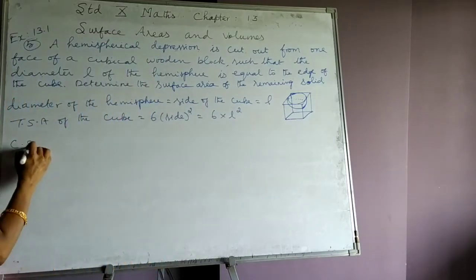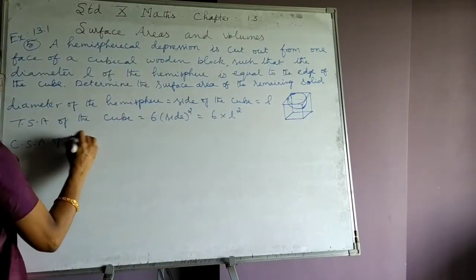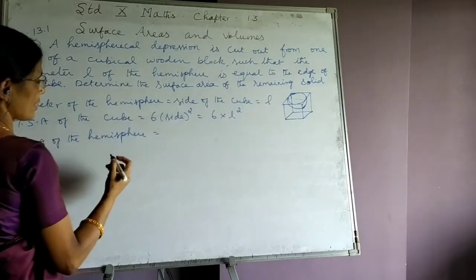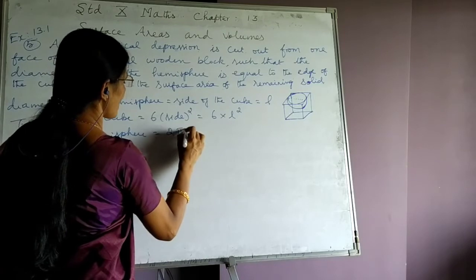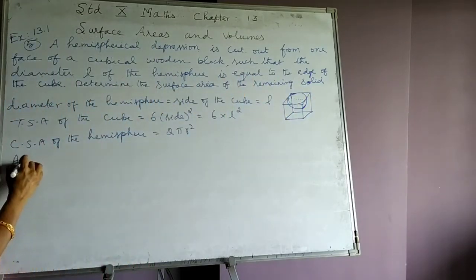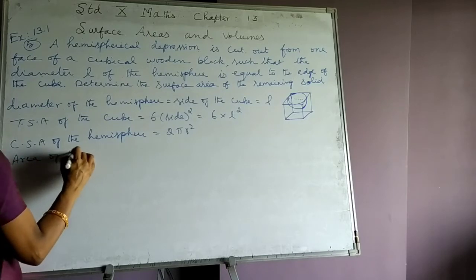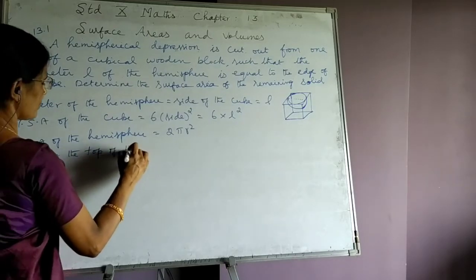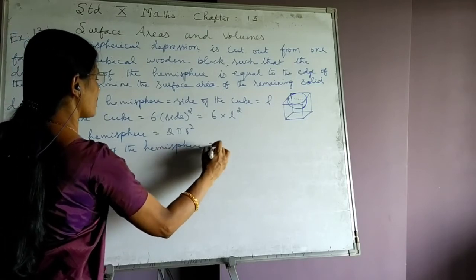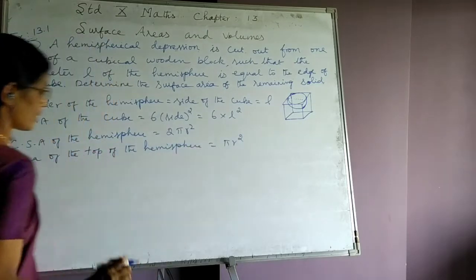And then CSA of the hemisphere. CSA of the hemisphere is 2 pi r square. That portion also we can see. And then the area of the top of the hemisphere, that is pi r square.